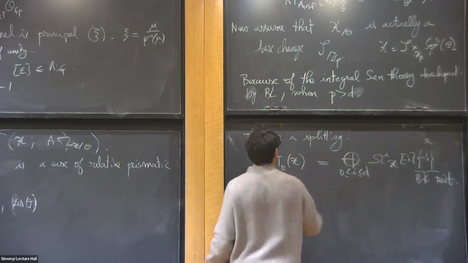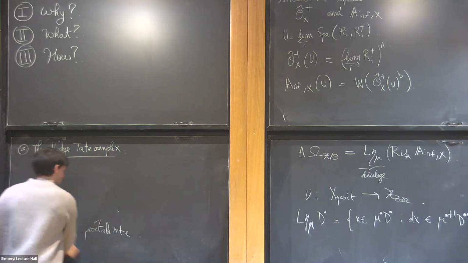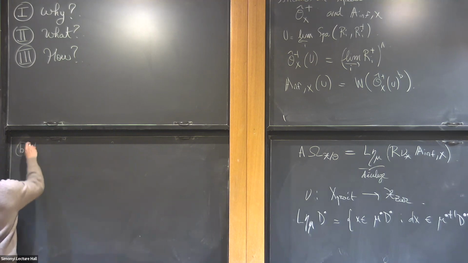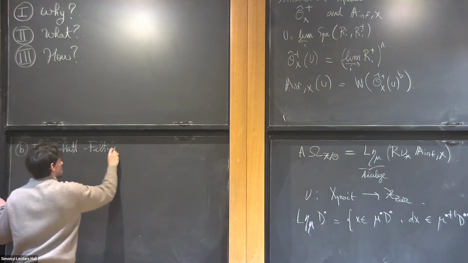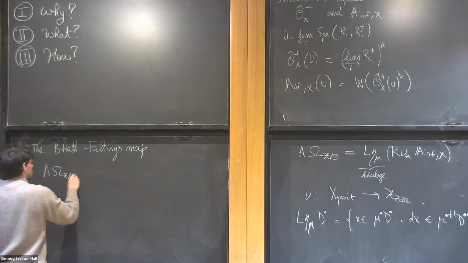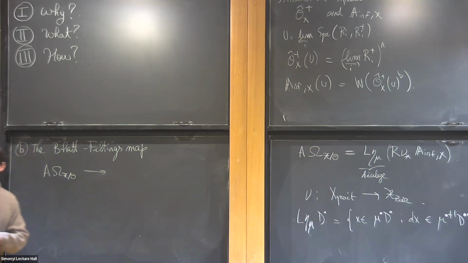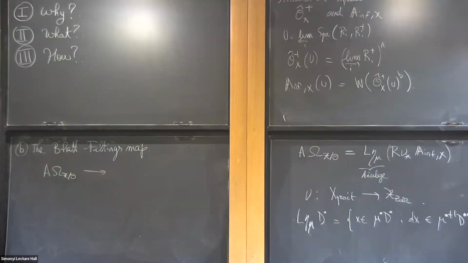Okay, so now what do we do with this splitting? I will call this the Bhatt-Faltings map. So maybe you could say, what was Faltings doing? What exactly is Faltings' idea? His argument is on the Siegel modular variety, but it's a general one.